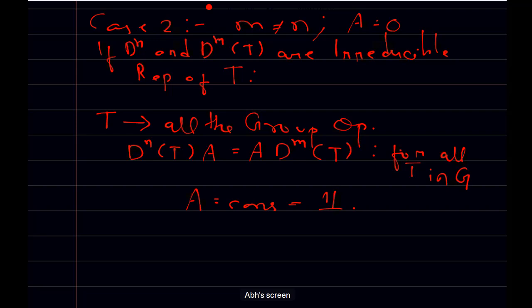In other words, if a matrix commutes with the matrices of all irreducible representations, the matrix must be a multiple of the unit matrix. So let me put a lambda here.